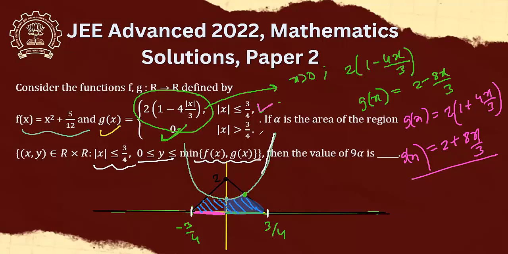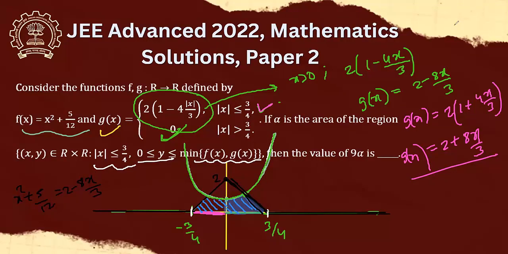The graphs are, this graph here is of x squared plus 5 by 12 and this line here is 2 minus 8x by 3. So if I solve the two functions, this is going to be x squared plus 5 by 12 equal to 2 minus 8x by 3.